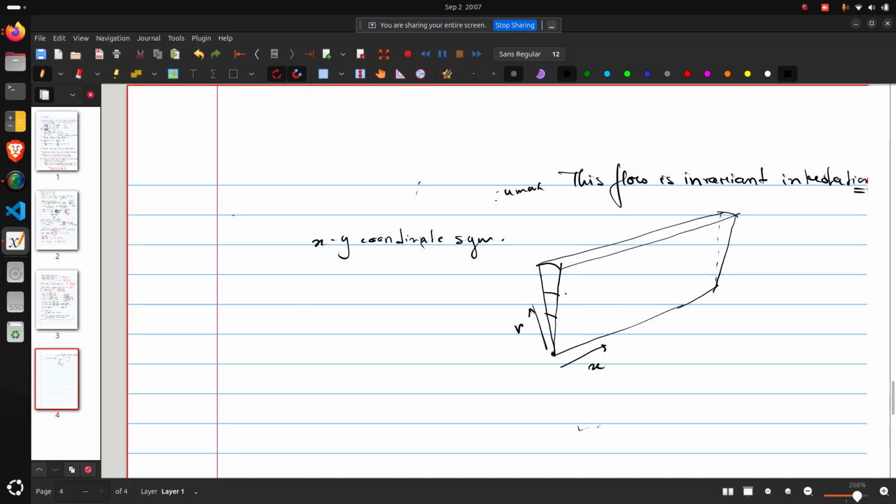For example, if you have some cell here, say this is P, this is N, this is south, and this will be east. The area of the face of the north cell will vary, right?